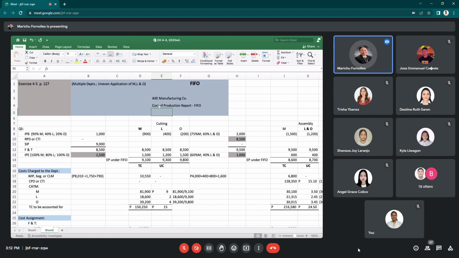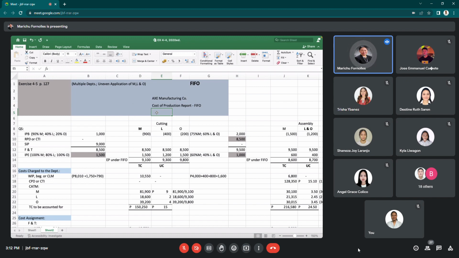So on the third line, at the center of your spreadsheet will be the period covered. So this is for the month of October, which ends on October 31. We will use the year 2022 kay wa pa man ta moabot sa October of 2023.